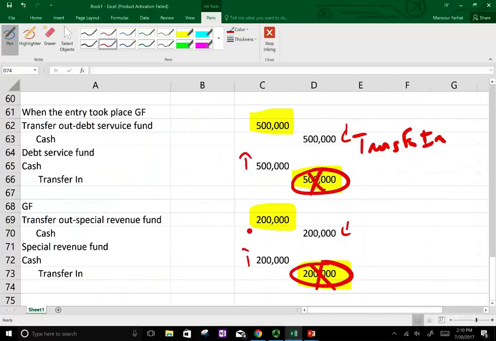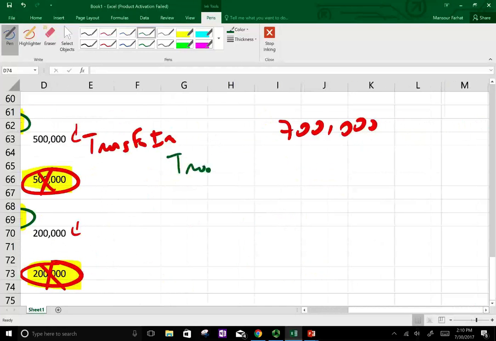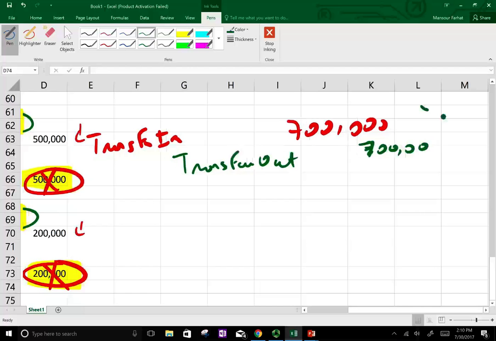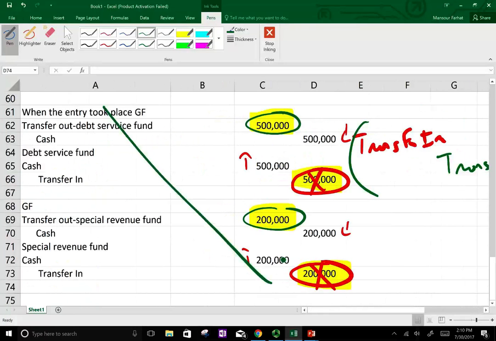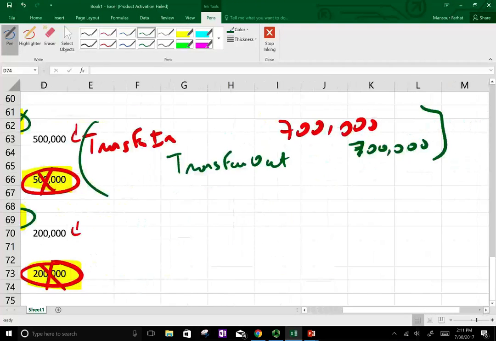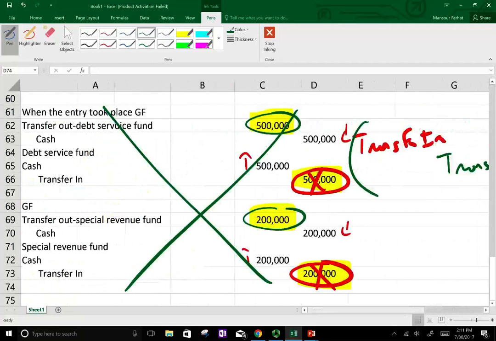And the transfer out of $500,000 and $200,000 is a debit, so we credit transfer out $700,000. By doing this entry, we cancel the effect of the transfers in and transfers out between the funds. So this is how you do the transfer in and transfer out.